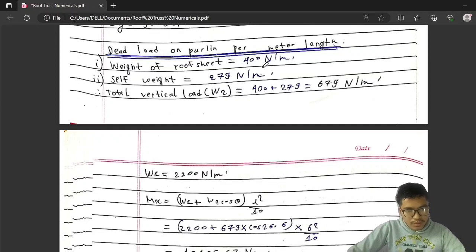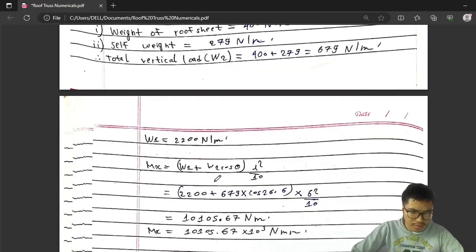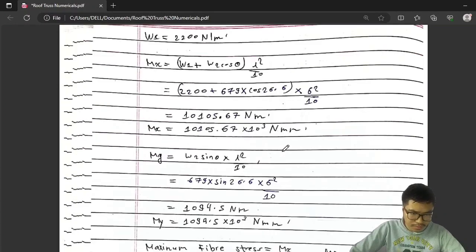So 400 plus 279 is 679 Newton per meter. So W1 is given in the question as 2200. By this formula we get the values of Mx and My.